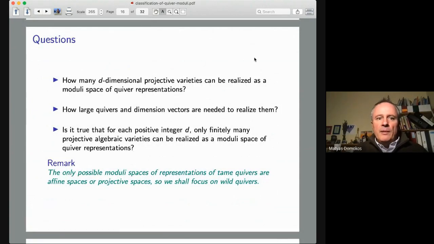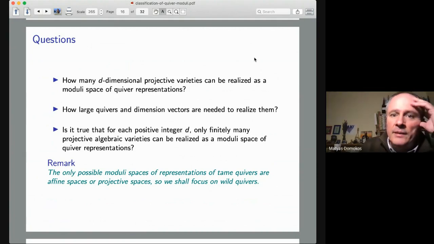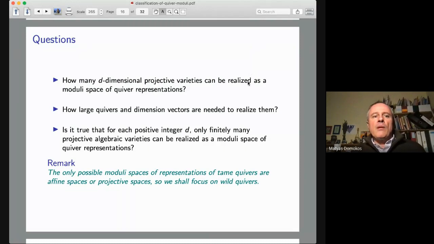So for example, given a positive integer d, how many d-dimensional projective varieties can be realized this way as a moduli space of quiver representations? And how large quivers and dimension vectors are needed to realize them? And in particular, is it true that for each positive integer d, there are only finitely many projective varieties which occur as a moduli space of quiver representations?